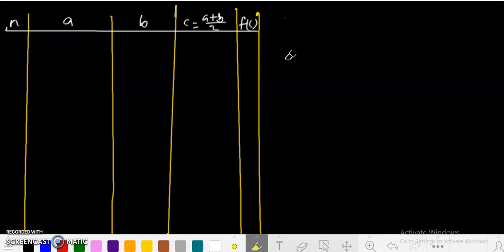So we are going to be dealing with the bisection method. There are things you have to note. There are two kinds of questions that you might expect during the bisection method. The one where the values of a and b, or the values of x, have already been given.